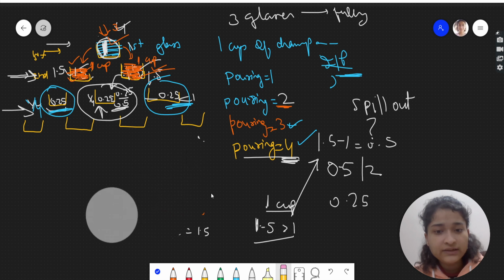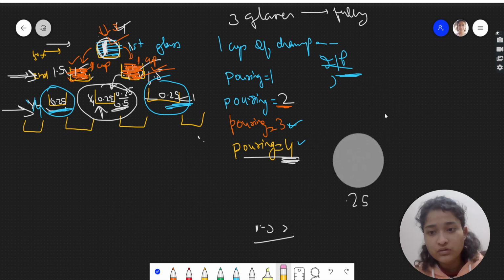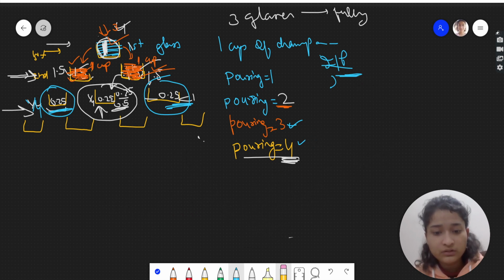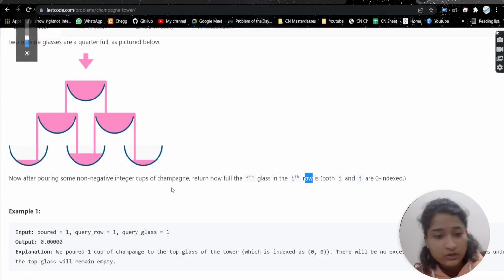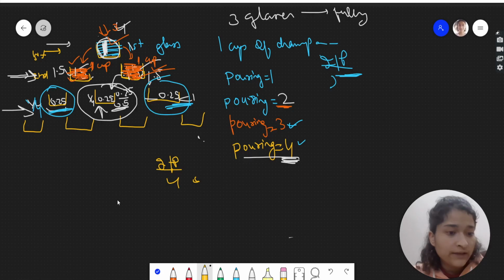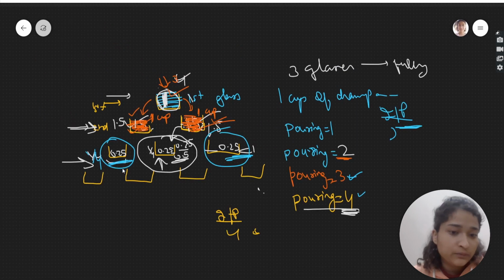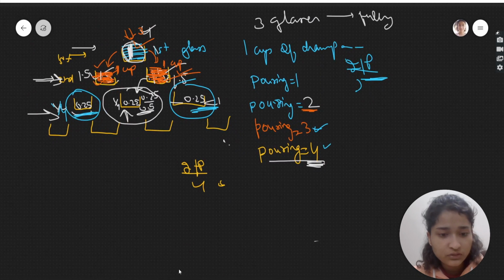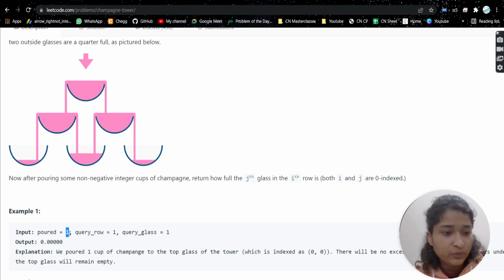Let's take an input. They are saying that 4 cups are being poured. So this poured value will tell us how many cups are being poured.